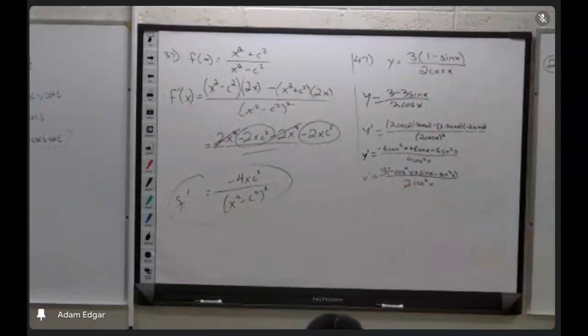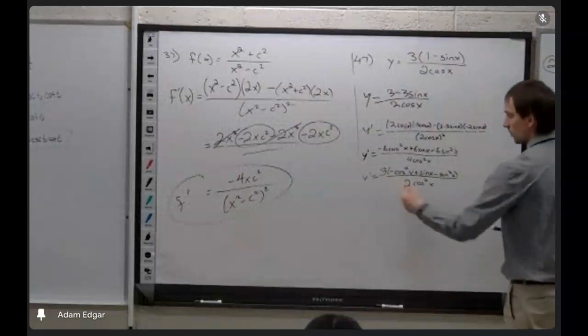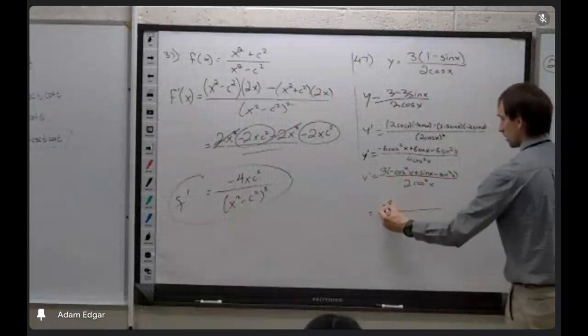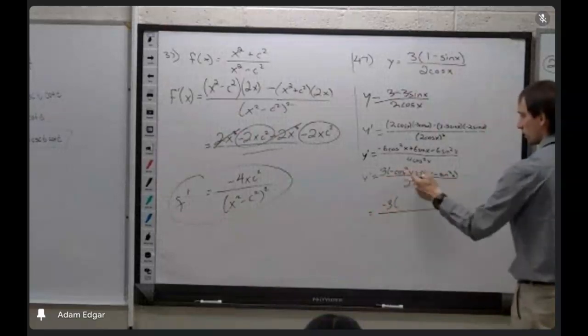So in the thing being the answer key? Yeah. There's a sneaky Pythagorean identity on top. What if instead of a 3, we take out a negative 3? That'll make it a little more clear. If we take out a negative 3, then what do we have in here?